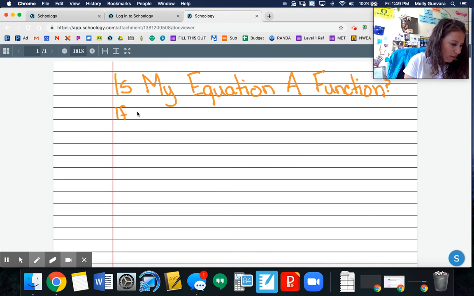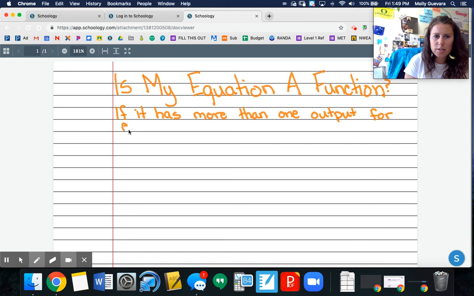If it has more than one output for each input, it is not a function.